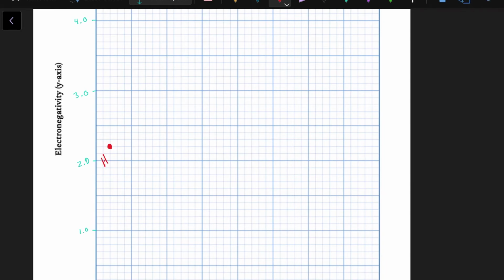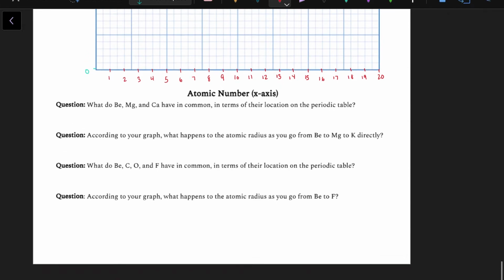Again, the 19 other dots are up to you, and you will connect them with a line. Same thing as the other question, when you go from Be to Mg to K directly, don't look at what's in between them, just go from those 3 individual spots and look overall at what is going on between them.